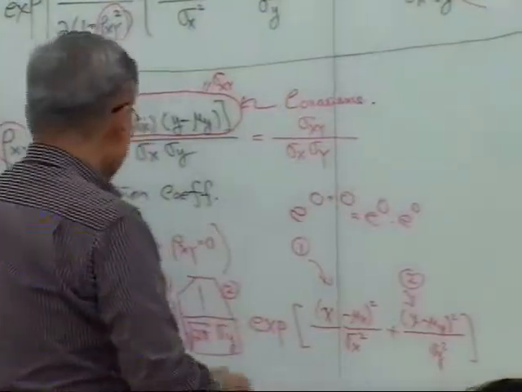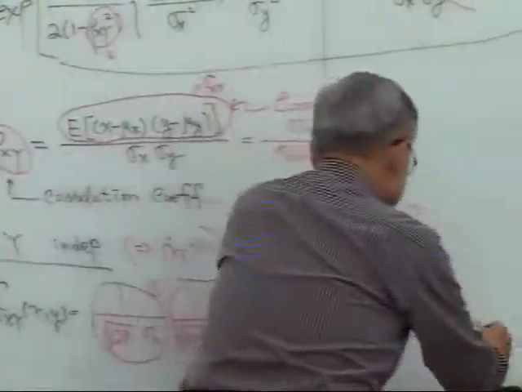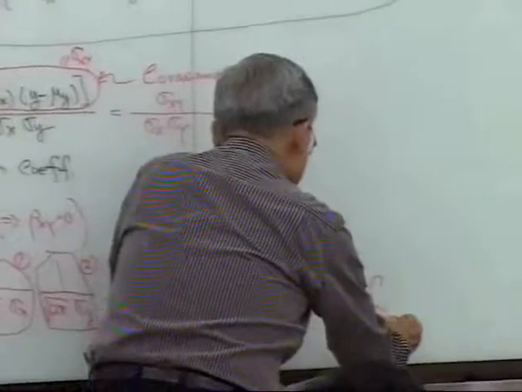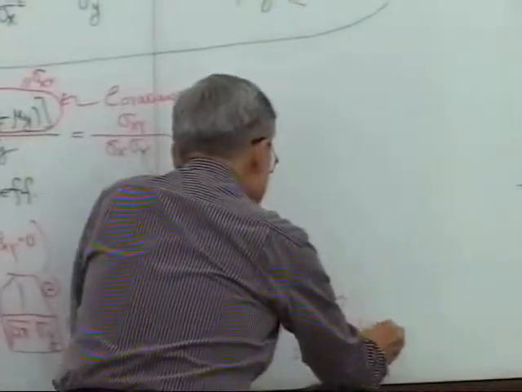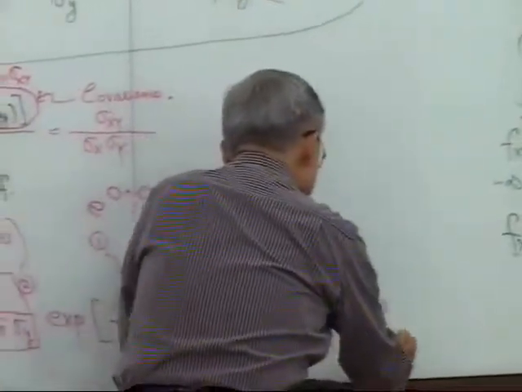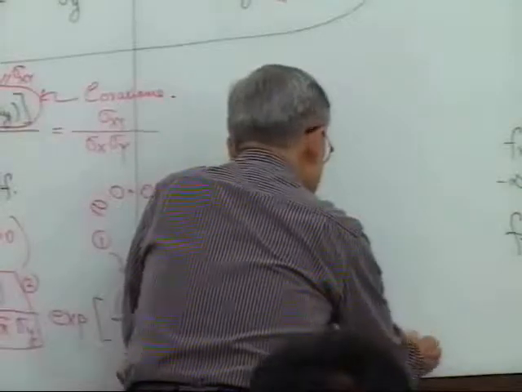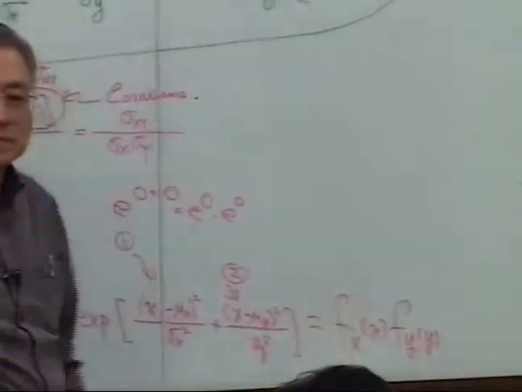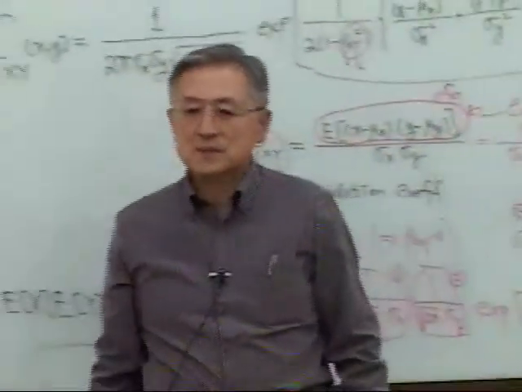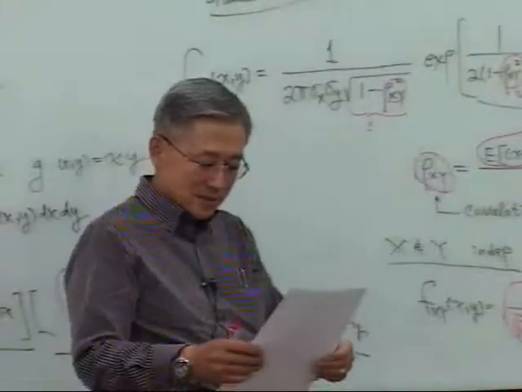If you do that, you can tell right away that this is equal to fx(x) times fy(y), right? It's very nice, isn't it? Is it clear?